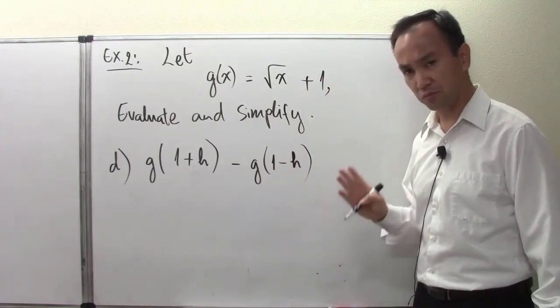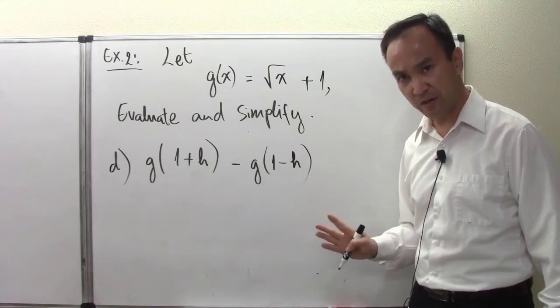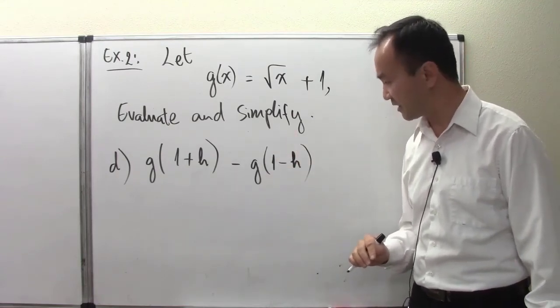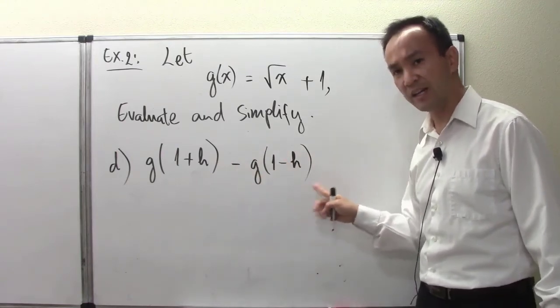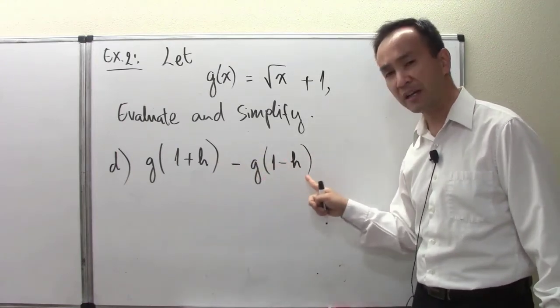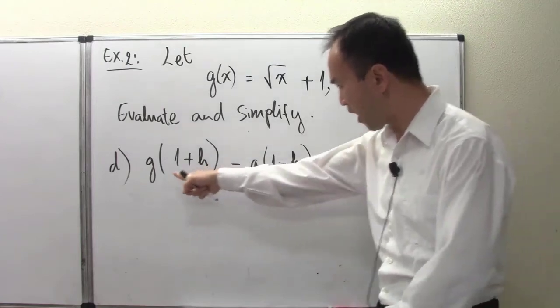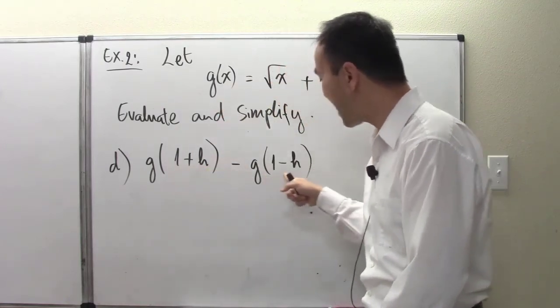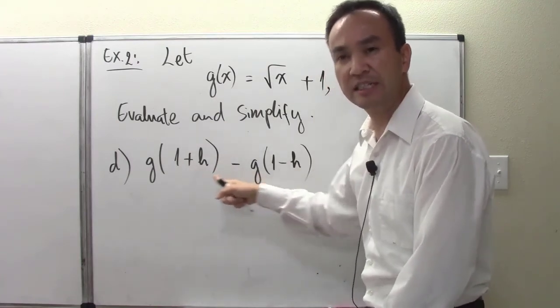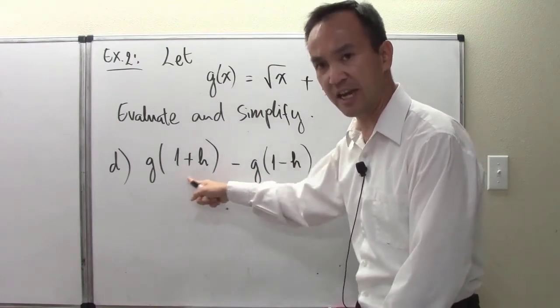The work here is very similar to the earlier problem in part C. But instead of g of 1, now we're looking at g of 1 minus h, so another expression. So one same rule g, but evaluated at two different expressions as inputs.